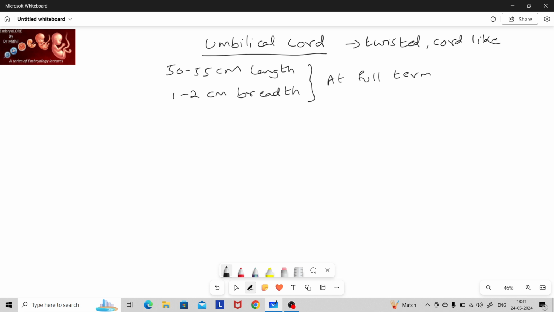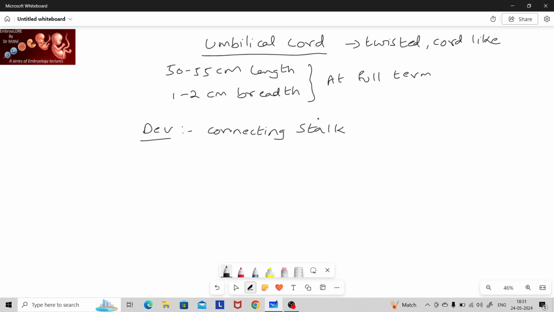After this, they present some false knots. And now how it is developed: it is developed from the connecting stalk. In one of the previous videos, we have learned about the formation of the connecting stalk.